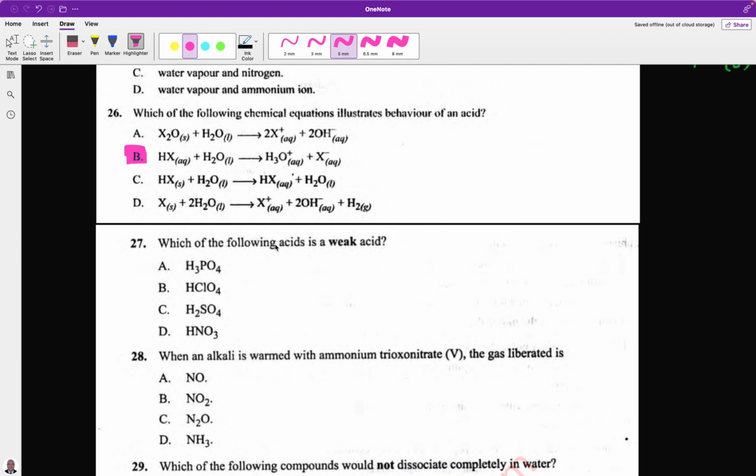So inorganic acids are mostly strong acids because they dissociate or ionize completely. But weak inorganic acids ionize or dissociate partially.